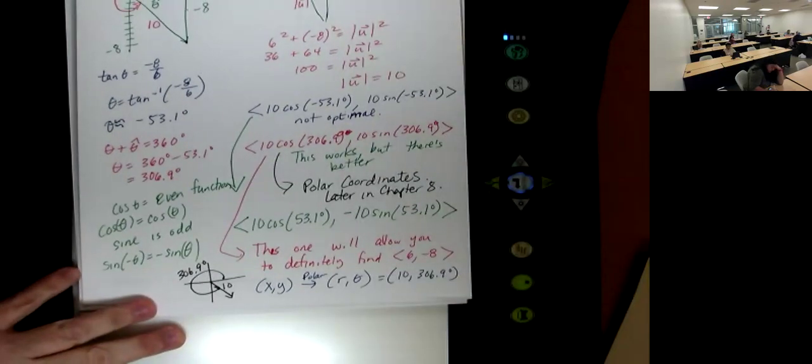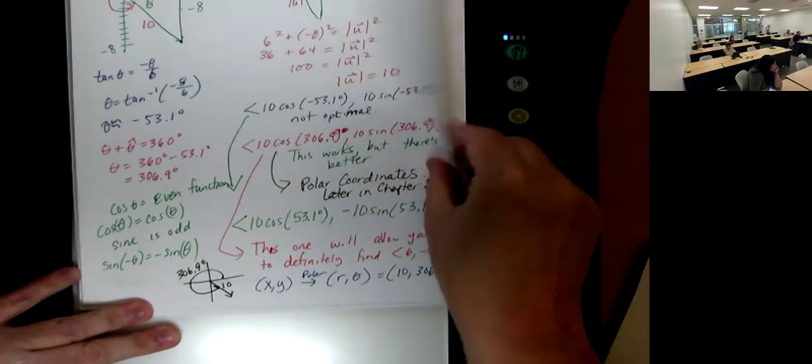Here we went from having the xy coordinates to the magnitude and angle. Now let's go the other way.